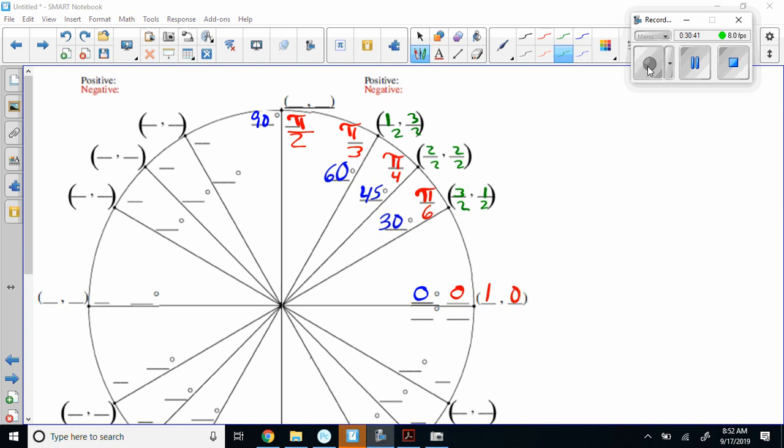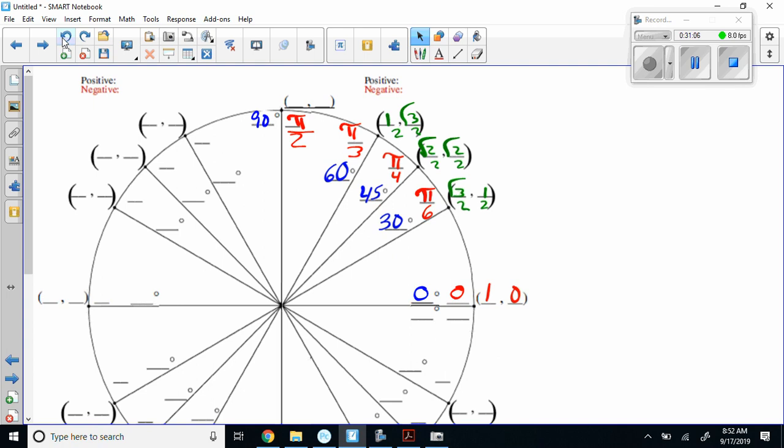Good. Now, do you understand why the square root of 1 would only be 1? Everything's going to get a square root in the numerators. Okay.